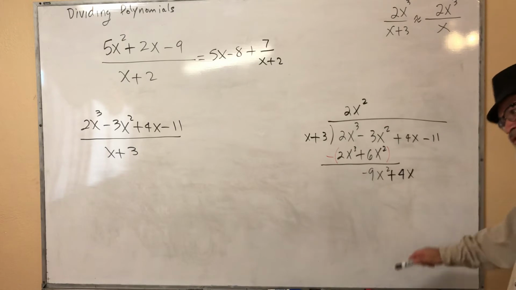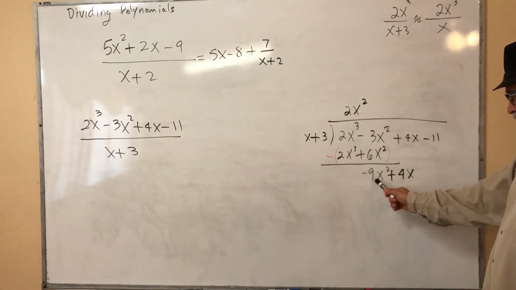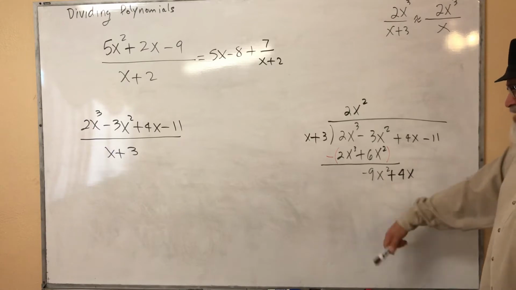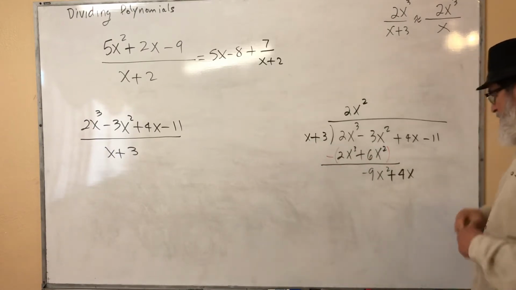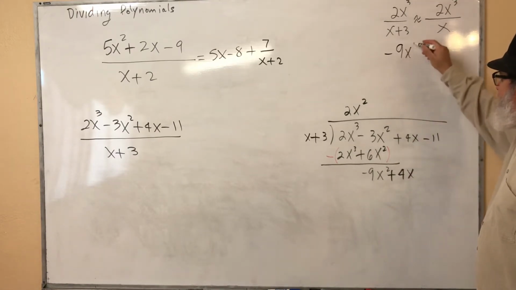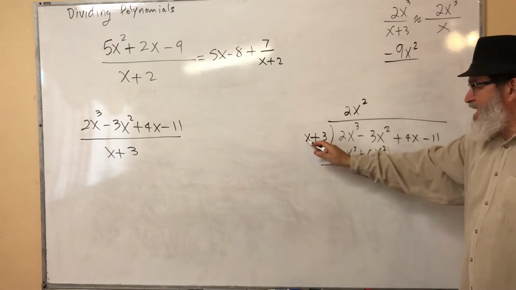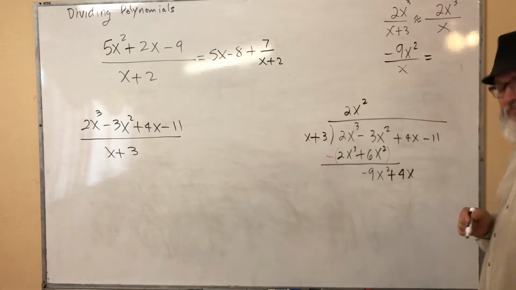Now go back to approximating again. Take this term, divided by the x, drop the 3. So take negative 9x squared divided by this x only, and drop this 3.